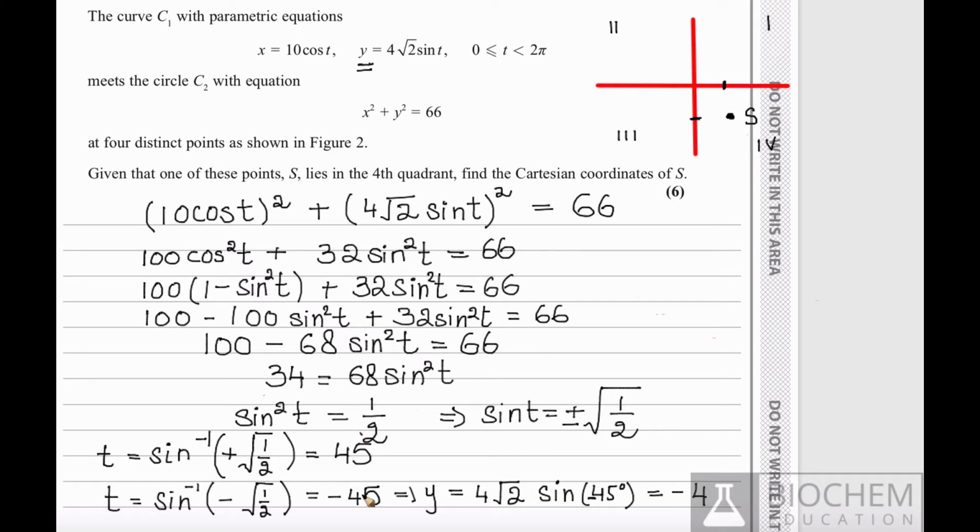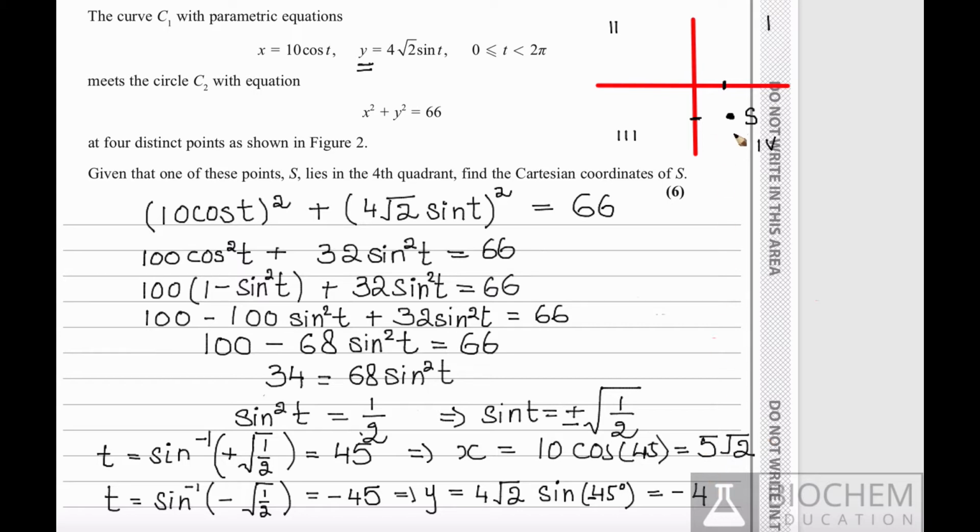So which of the two t values would you input to get a positive value for x being 10 cos t? The answer is 45 degrees. By inputting 45 into it, we will get a positive value for x. Hence, we can write this as x equals 10 cos 45, and inputting into your calculator will give an answer 5 under root 2.